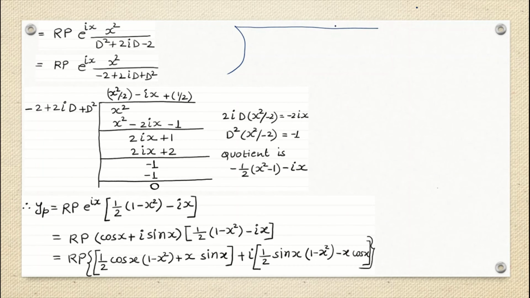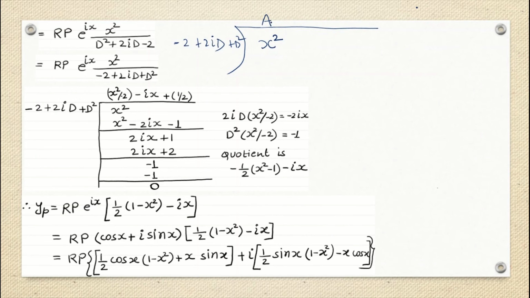Here I have to write down the denominator, which I have written in ascending power of D, and here we write the numerator. Now my job is to write something in the quotient, because this quotient is only my answer, this is my PI.